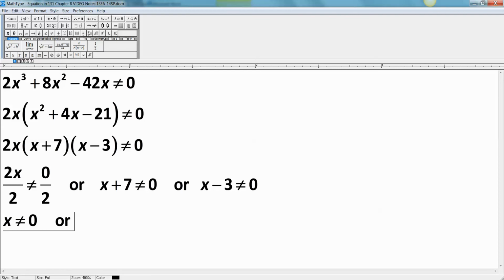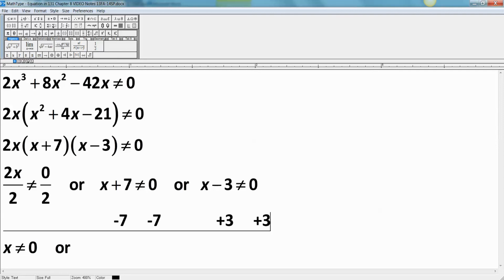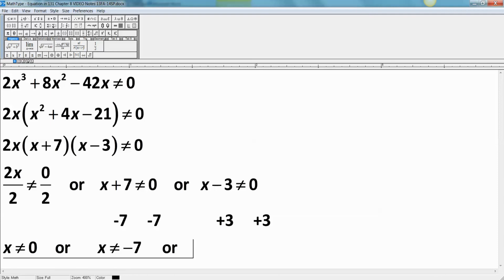All right, then what about this middle one? Well, you could subtract 7 from both sides. There you go. Minus 7, minus 7. So that means x cannot be negative 7. This one you're going to have a plus 3 and a plus 3, so x cannot be 3. So x cannot be 0, x cannot be negative 7, or x cannot be positive 3.